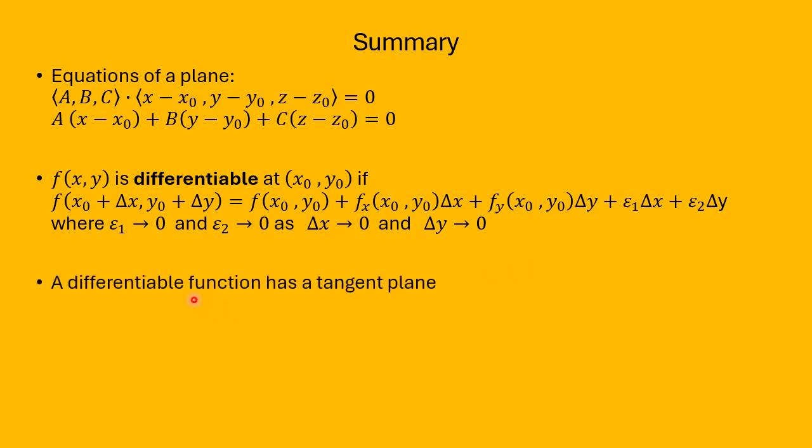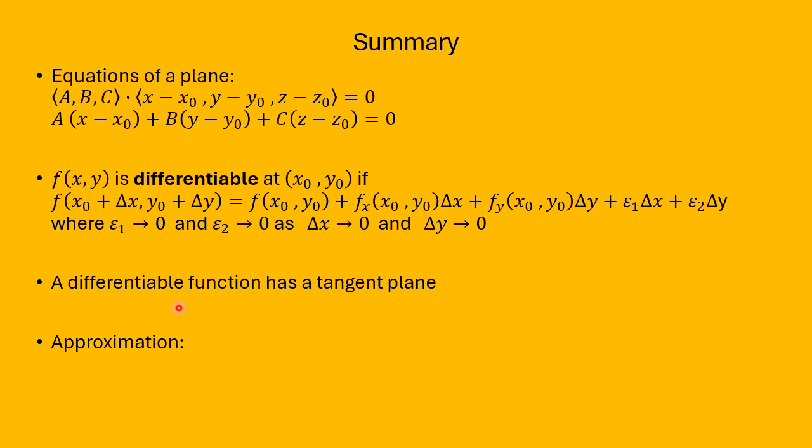We saw that a differentiable function has a tangent plane. Basically, if a function f of x, y is differentiable at a, b, then the surface z equals f of x, y has a tangent plane at the point on that surface a, b, f of a, b.